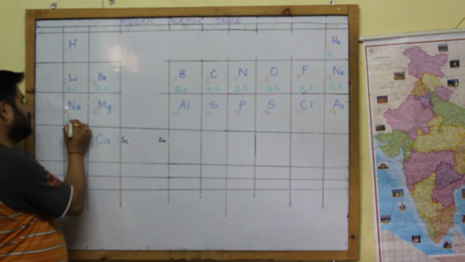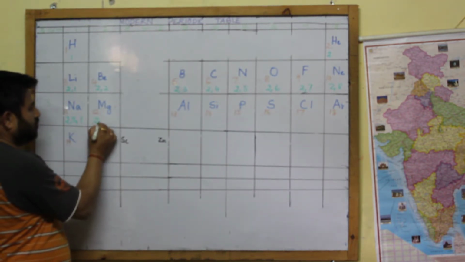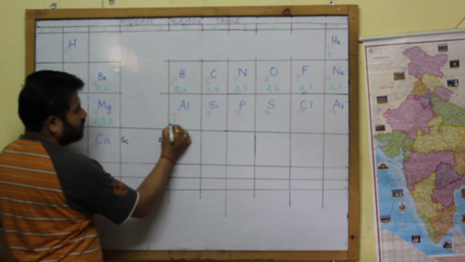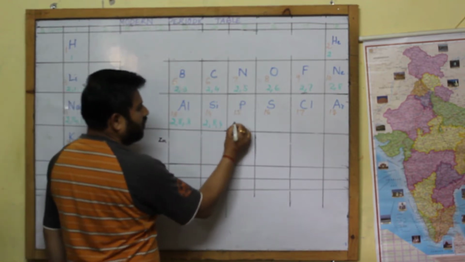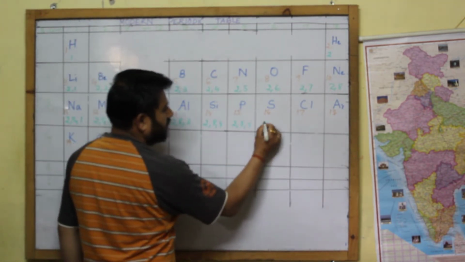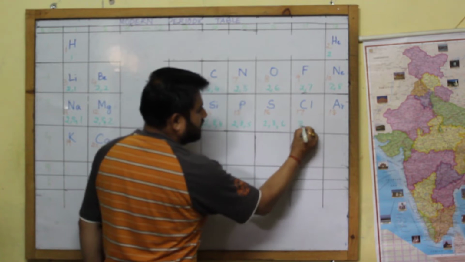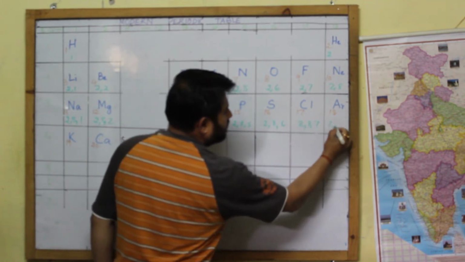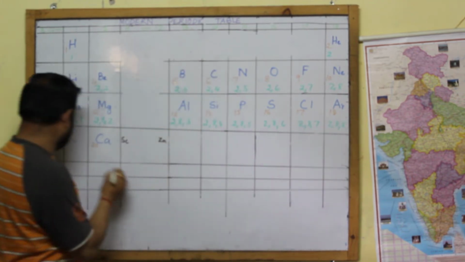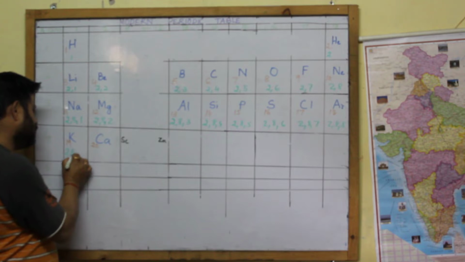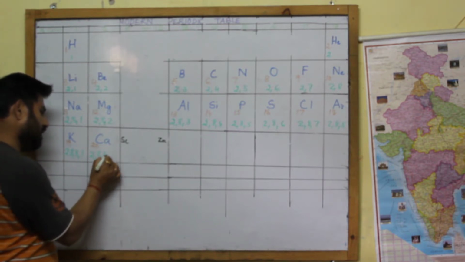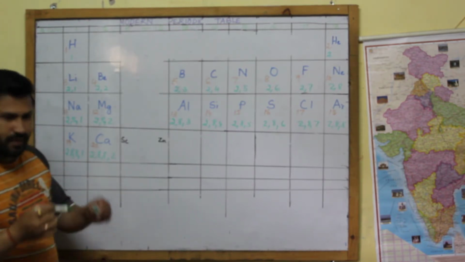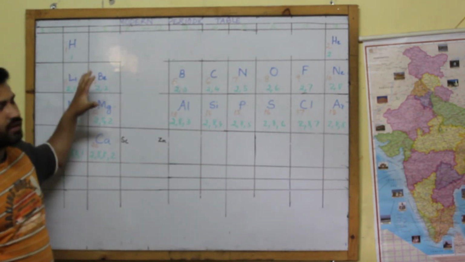Sodium is 2, 8, 1, magnesium 2, 8, 2, aluminium 2, 8, 3, silicon 2, 8, 4, phosphorus 2, 8, 5, sulfur 2, 8, 6, chlorine 2, 8, 7, argon 2, 8, 8. Potassium is 2, 8, 8, 1 and calcium 2, 8, 8, 2. This is how we write the electronic configurations.